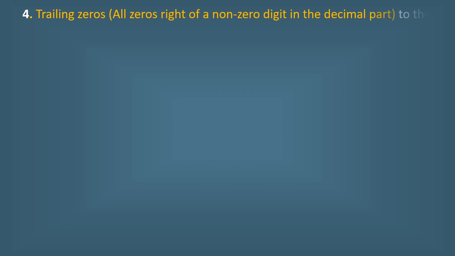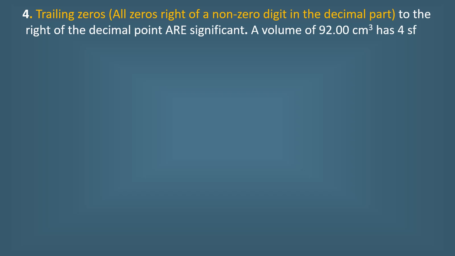Now, trailing zeros are all zeros to the right of a non-zero digit in the decimal part. Trailing zeros to the right of a decimal place are significant.